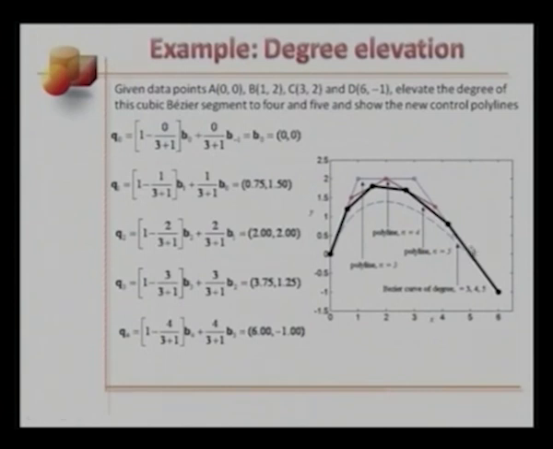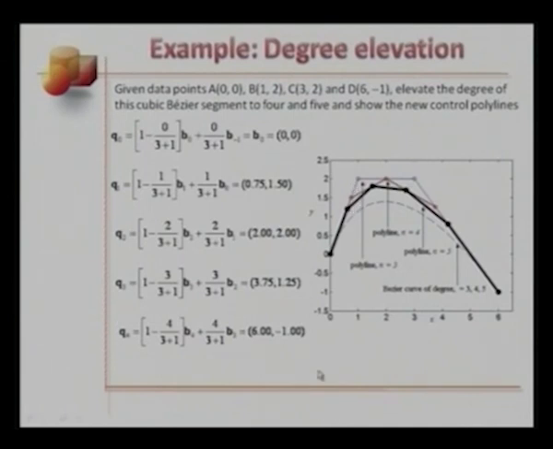I would say that had I moved this point, the local change in shape over here would have been less compared to had I moved this point to a different location. Well, I had just said local change in shape. I know, and you also know, that the actual change in shape will be global. What I meant by local here was the change in shape in this region here, in the neighborhood of the data points that I have moved.